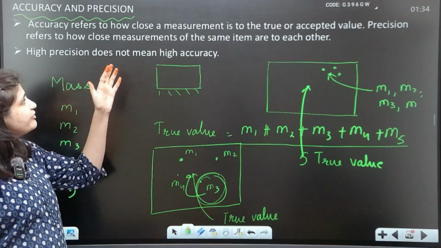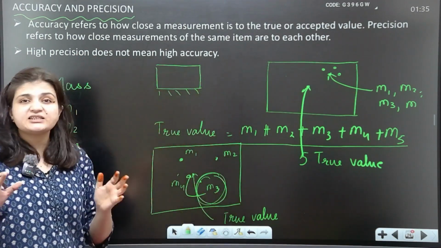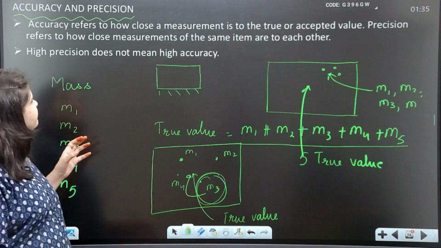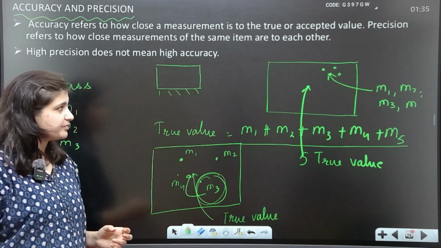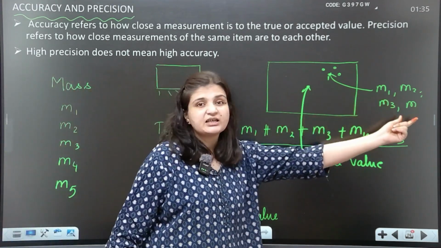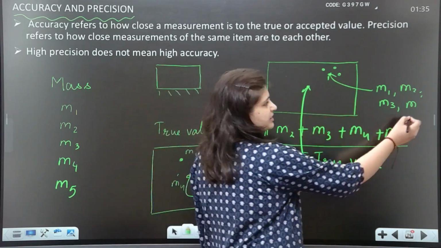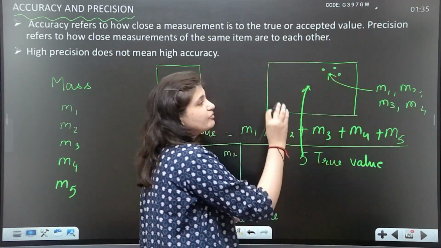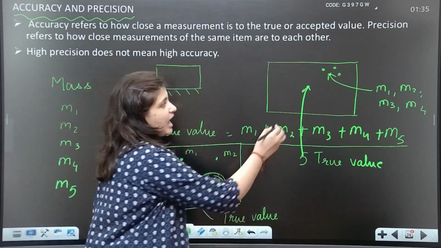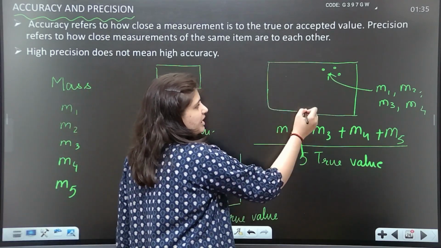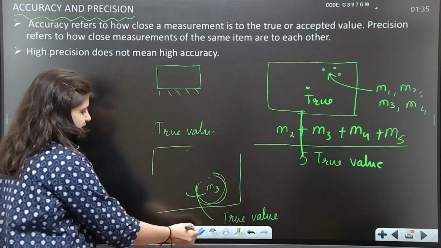Accuracy refers to how close an experimental value is to the true or accepted value. Precision refers to how close experimental values are to each other. So m1, m2, m3, m4 coming near each other is precision, and how near a value is to the true value is accuracy.